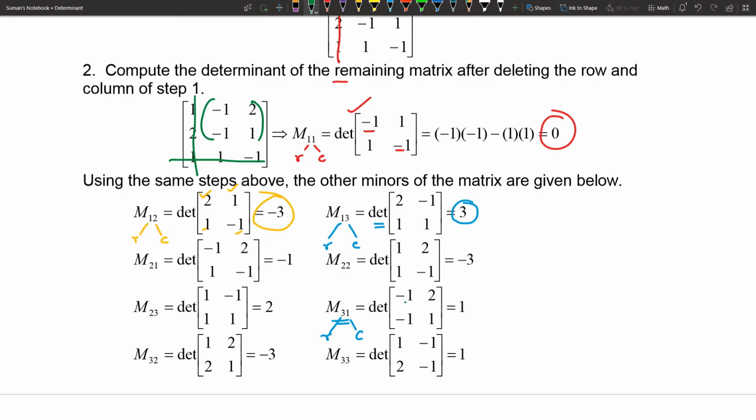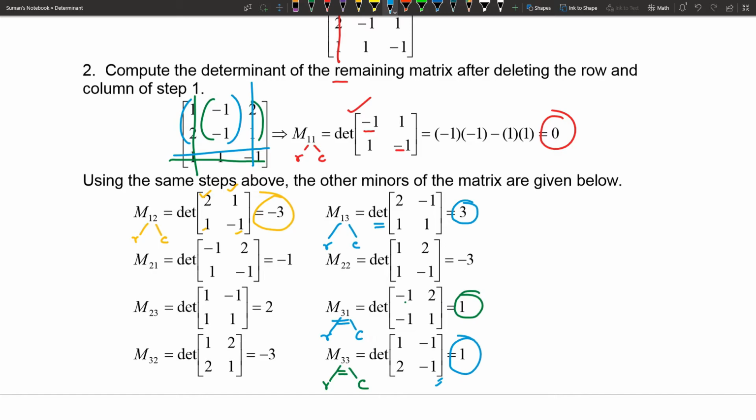So minus 1 into 1 minus minus 1 into 2, and we get the result 1. Let us check another one: M33, that means third row and third column. So we delete the third row and third column, the remaining matrix is 1, minus 1, 2, minus 1, and we get the determinant of that matrix as 1.